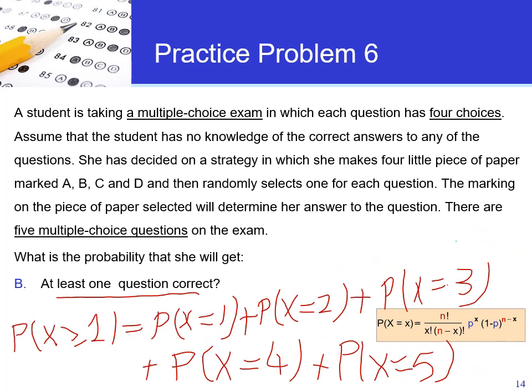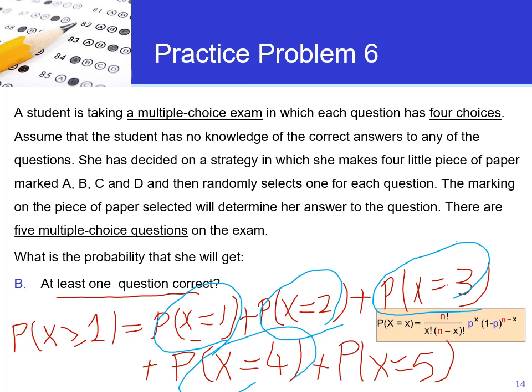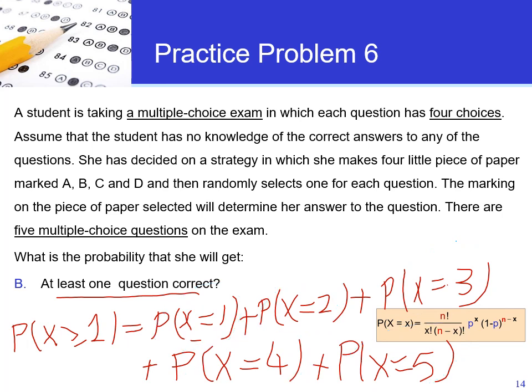So as you see here, we have to do the computation for X equal to 1, equal to 2, equal to 3, equal to 4, and equal to 5. So we have to plug numbers into this formula 5 times. But there is actually a simpler way to do that.